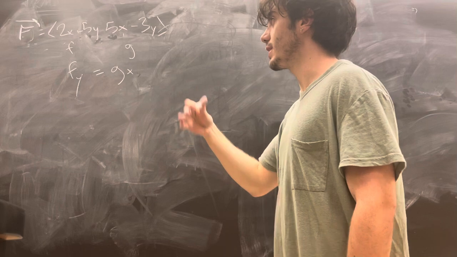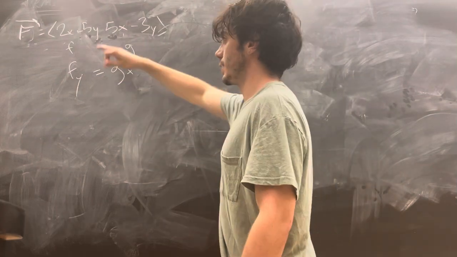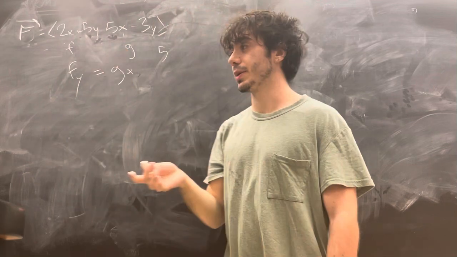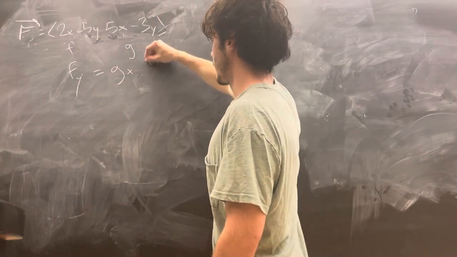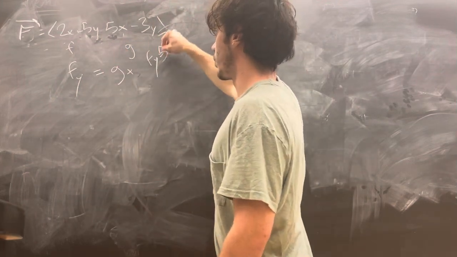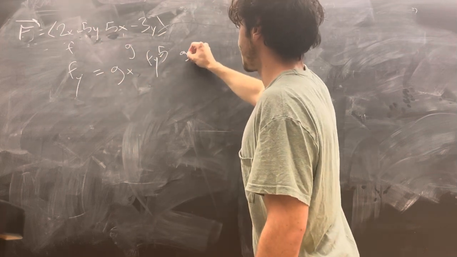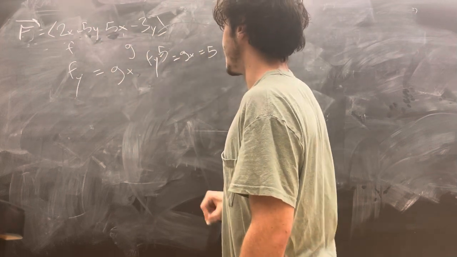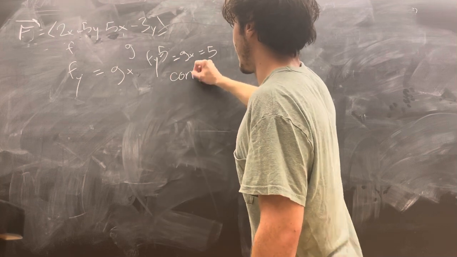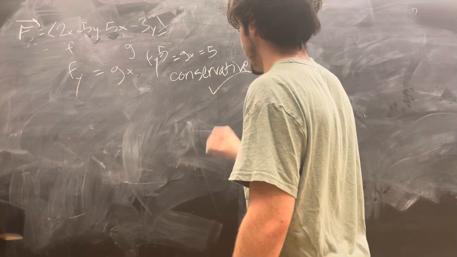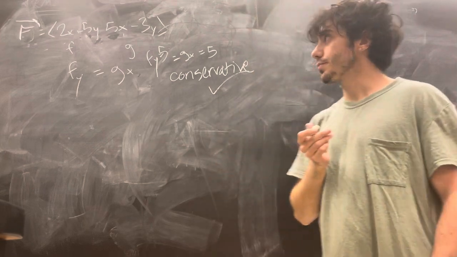And in this case, it is true, because if we take the partial of this with respect to y, we get 5, because this 2x is treated as a constant, it disappears. And we also have a similar thing going on with the partial of g with respect to x. We just have this 5 here. So these are indeed equal, and we know that we have a conservative vector field. So the condition is checked.